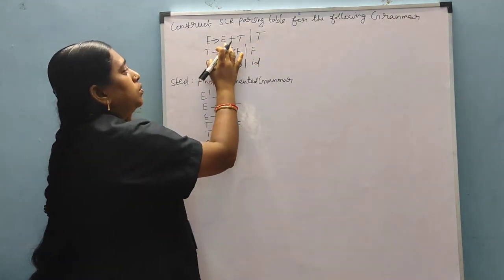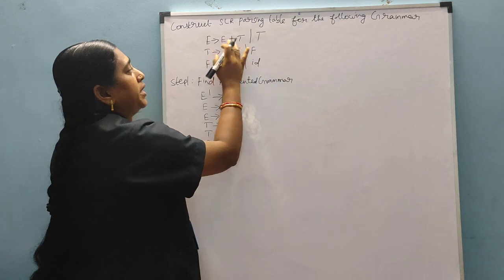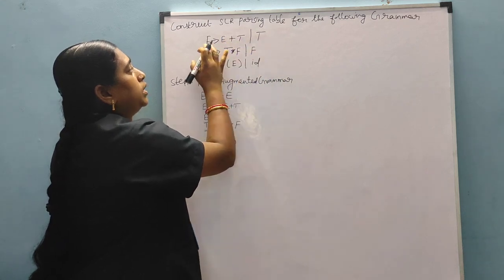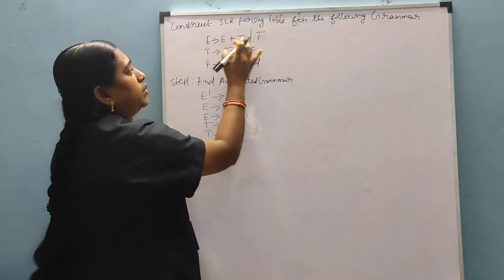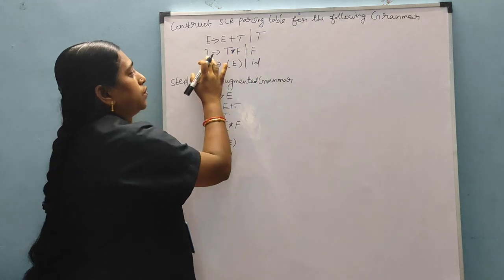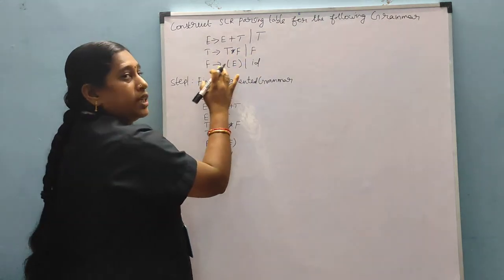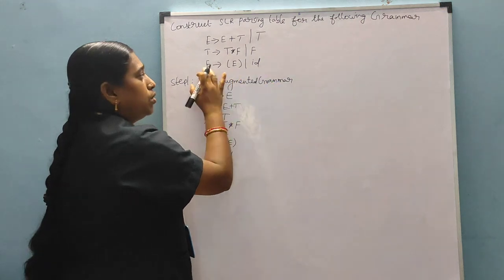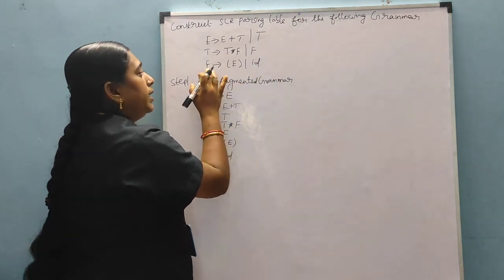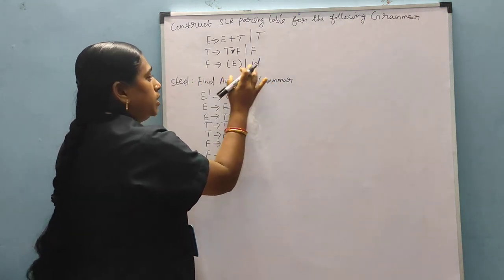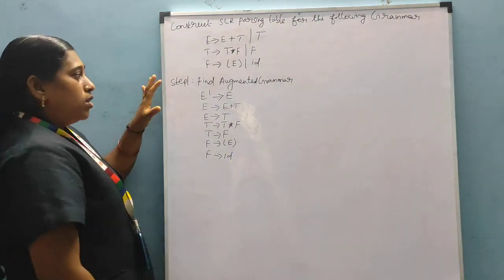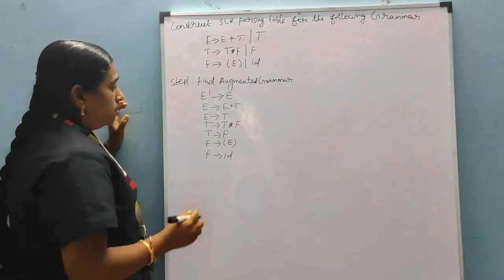Instead of E tends to E plus T or T, I am separating the grammar into two: E tends to E plus T, then E tends to T. Likewise for T, T tends to T star F, then T tends to F. F tends to E or ID. Instead of that, I am writing F tends to E, then F tends to ID. That's all about your augmented grammar.